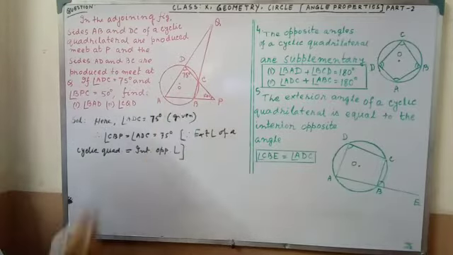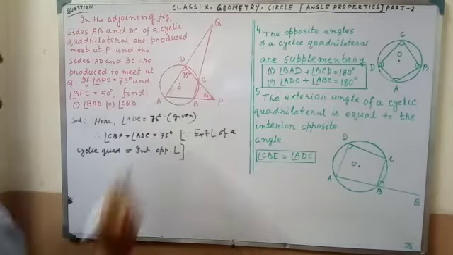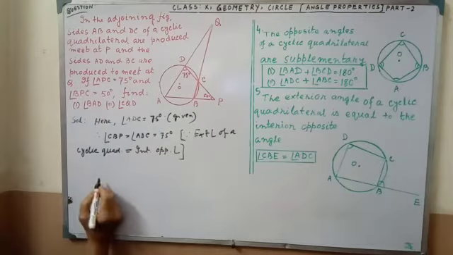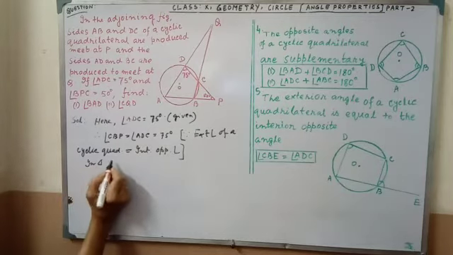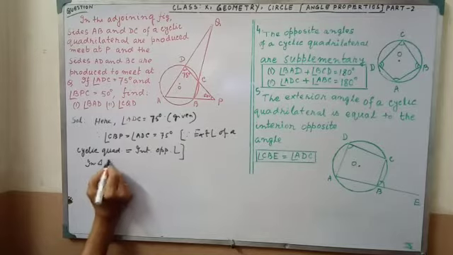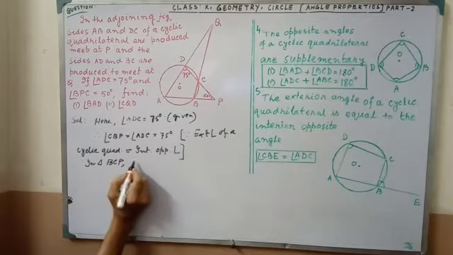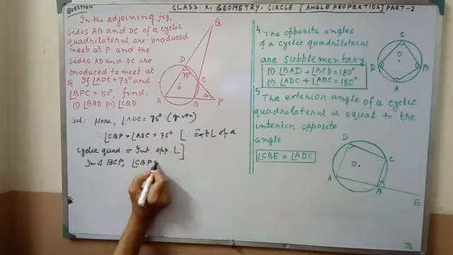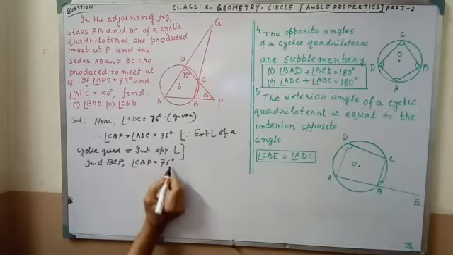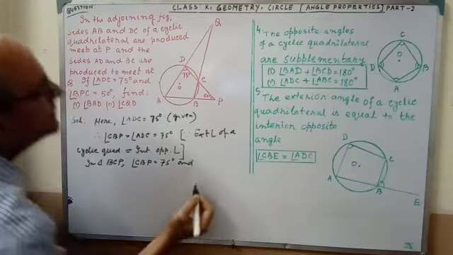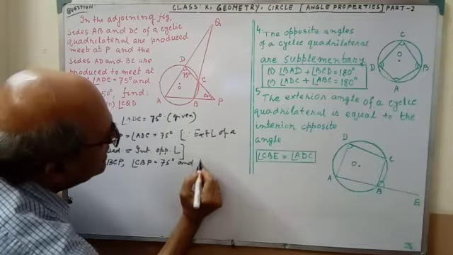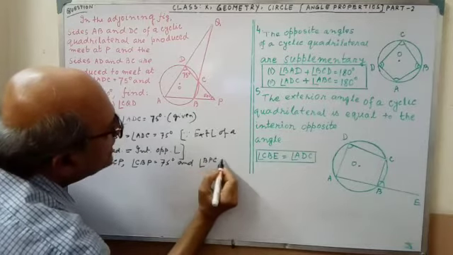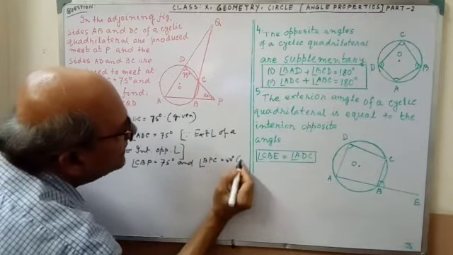Now we are getting the value of this angle. Now we have to find out this. So in triangle BCP, angle CBP equal to 75 degrees, just as we have got, and angle BPC is 50 degrees, that is given.